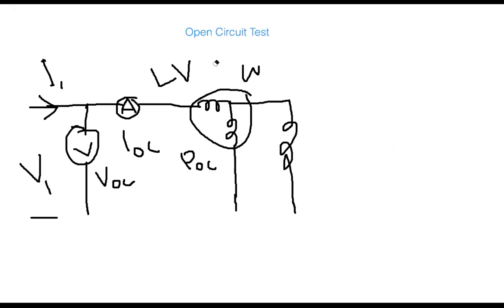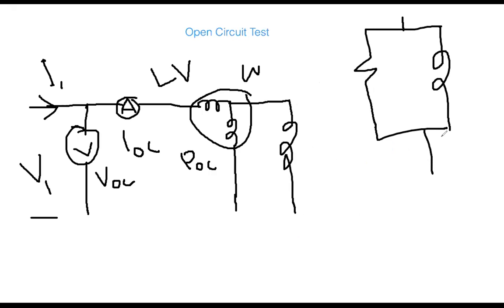So what will be your calculation? You see, in this case, my goal is to find out, if you remember that equivalent circuit, I had RC here and I had XM here, that magnetic branch.